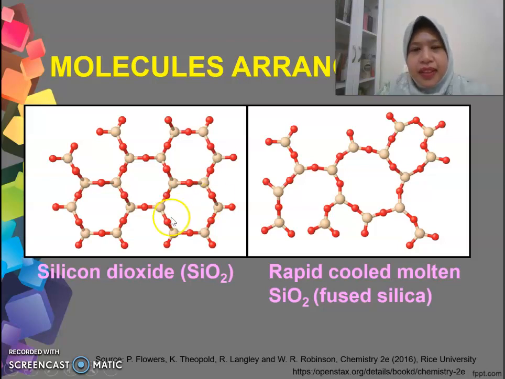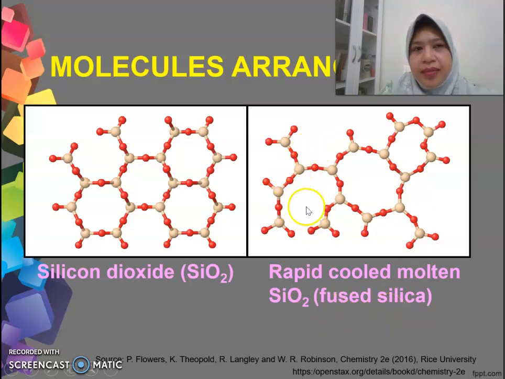Okay, you can see here the arrangement of the silicon dioxide is in crystalline state. Okay, you can see here it is well arranged in a regular and repeating pattern. Right? Okay, now when we do rapid cooling of the molten silicon dioxide, it will yield an amorphous solid, and it is known as fused silica.